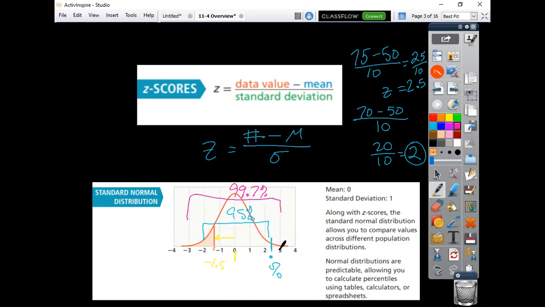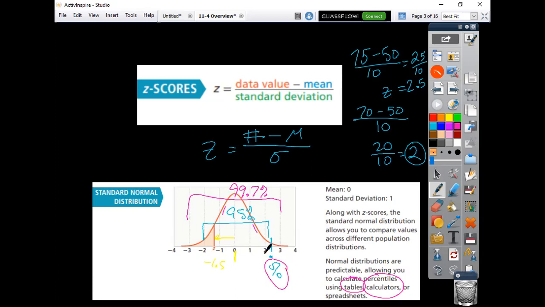And it's not a linear relationship because you notice this is a curve. So it doesn't have a constant rate of change. And that's where a lot of times you're going to use a table, or you're going to have some other electronic way to look up and convert this 2.5 standard deviations above the mean into a percent.